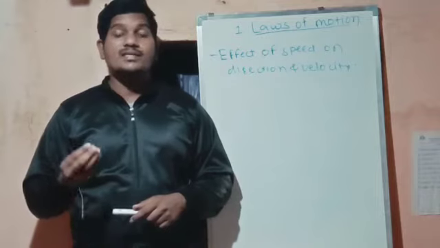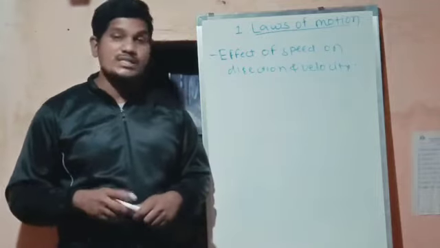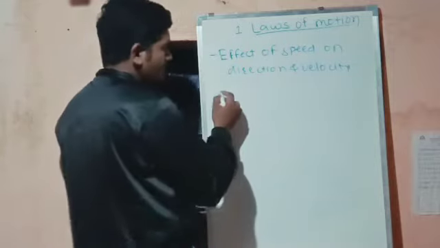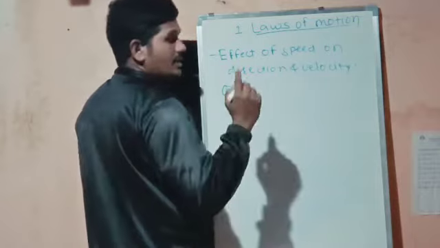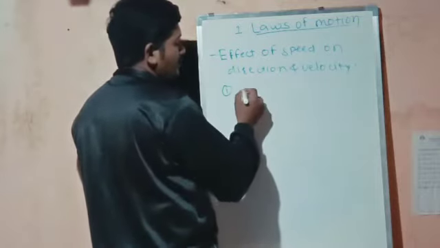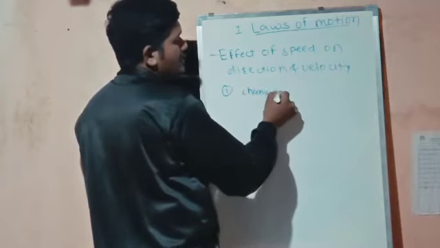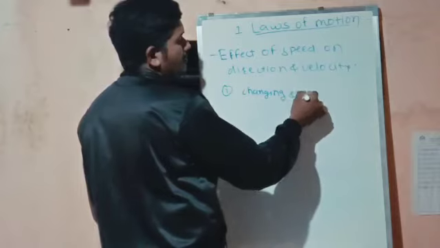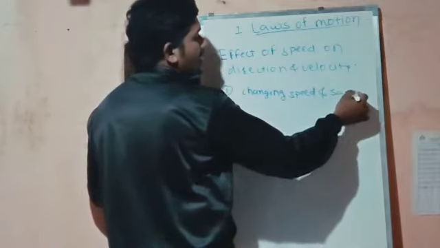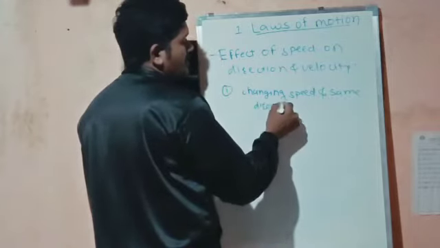So by this study we can understand how the velocity can be changed. In the first case, velocity can be changed by changing speed and keeping the same direction.